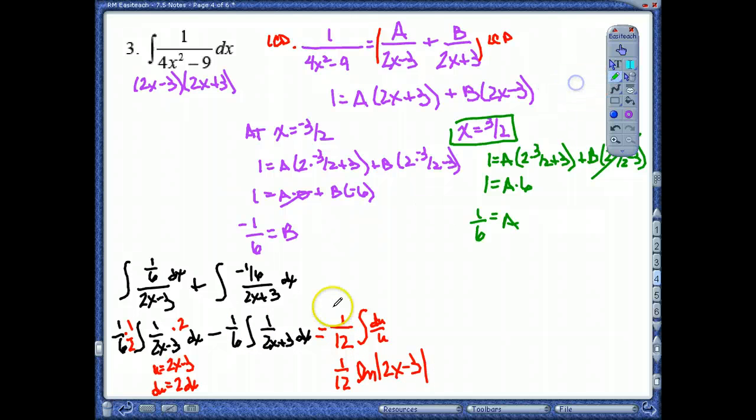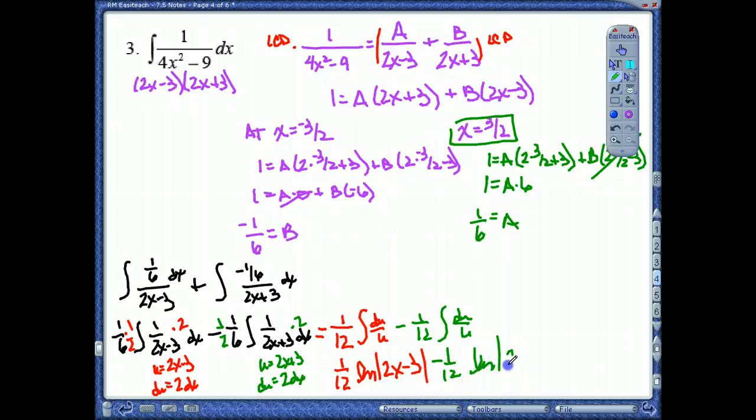If I were to do a u substitution here, I would have the 2x plus 3. My du would be 2 dx. I don't have the 2. So that's going to be minus 1/12 du over u. And then of course you have your plus c.